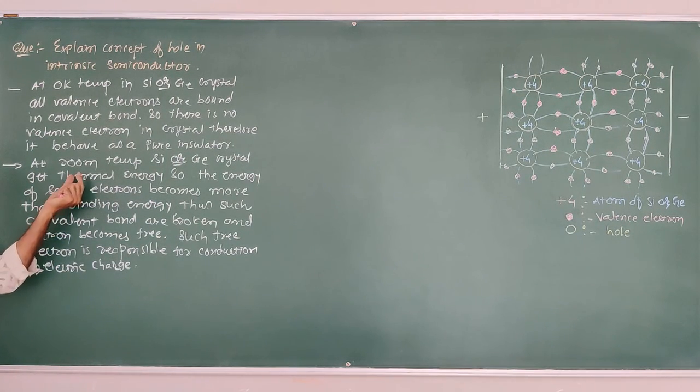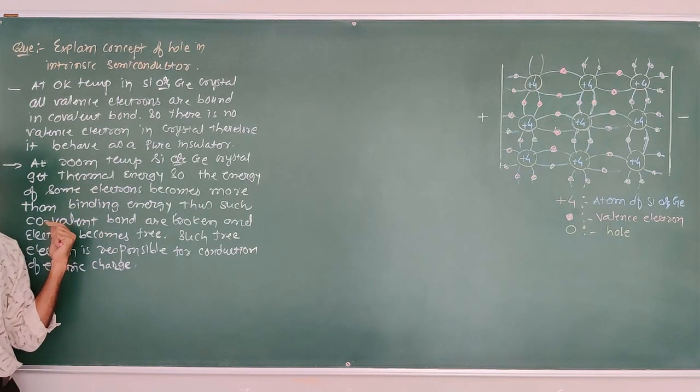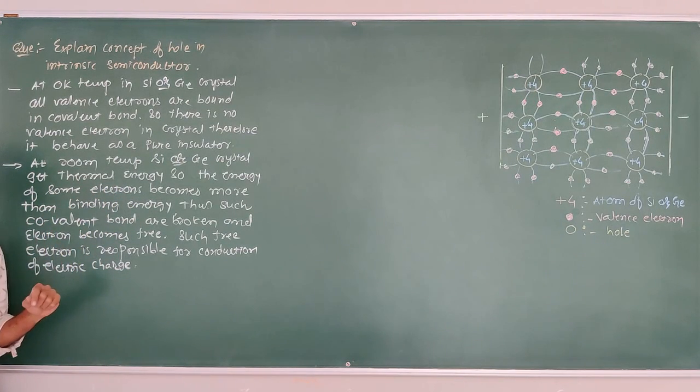As the temperature increases, the thermal energy of the crystal increases. So the energy of some electrons becomes more than their binding energy. Thus, such covalent bonds are broken and electrons become free. Such free electrons are responsible for the conduction of electric charge.